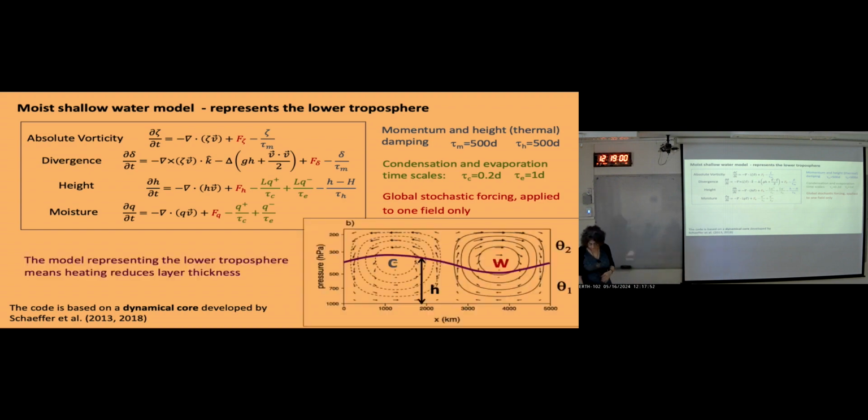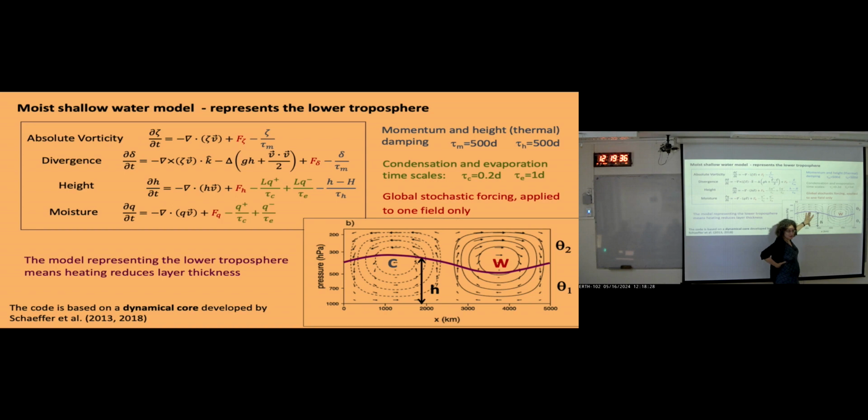Okay. So just physically about the model. It appears both in the moisture and the height? What? The Q's appear both in the moisture, yes, and the height? Yes, so I'm coming to this. Just the physical interpretation, a very simplistic physical interpretation of the shallow water model for the tropics can be the lower layer of a two-layer model, okay, where this is the thickness, and if you have a wave that is cold here and warm here, the overall column is colder when the depth is high.